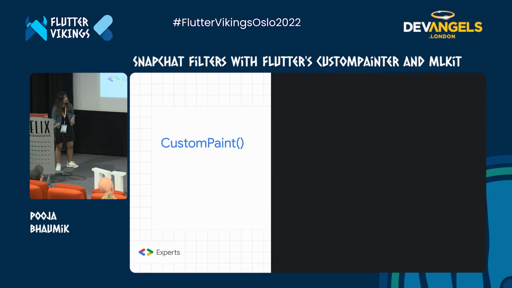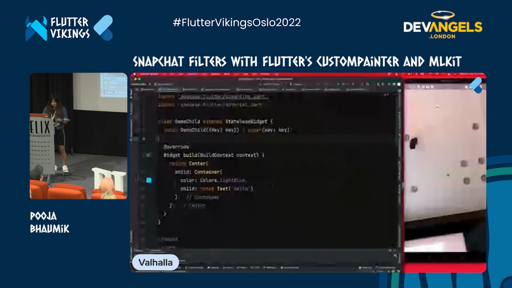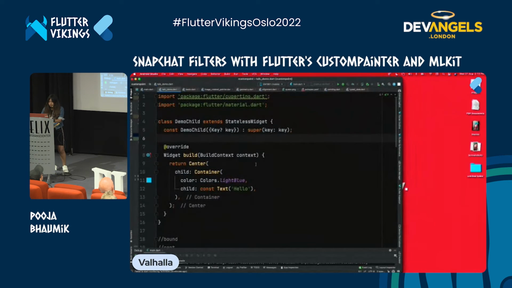All right. Coming back to the custom paint class, let's do some coding here and see what we understand from it. I'll run this, and here we basically have a hello.